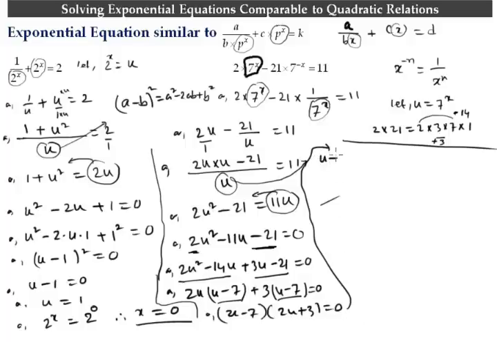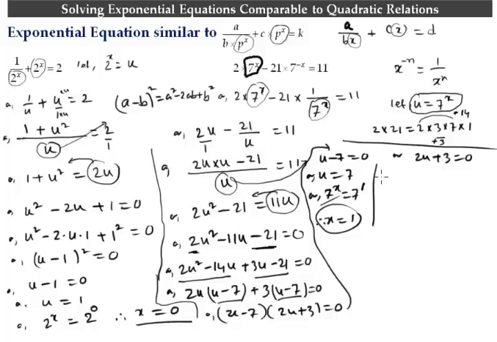So u minus 7 equals 0 or 2u plus 3 equals 0. From here, u minus 7 equals 0 means u equals 7, and u is 7 to the power x. We considered 7 to the power x as u, so 7 to the power x equals 7 to the power 1. So x equals 1.